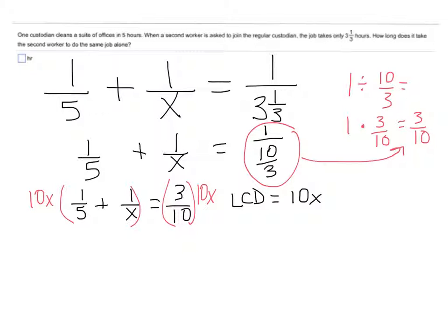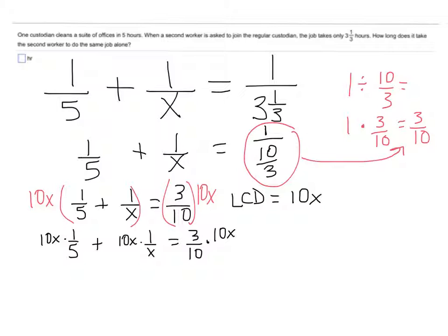Now when I do that, I get 10x times 1/5 plus 10x times 1 over x equals 3 tenths times 10x. Now you'll know if you don't get the least common denominator when you multiply through, because it won't leave you with fractions still.